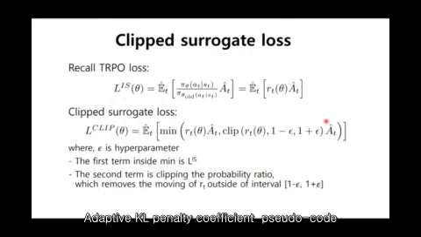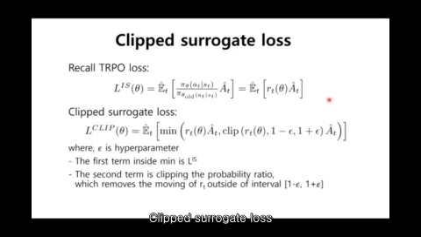Here I will talk about the clip surrogate loss. This loss is better than the adaptive KL penalty in the Atari benchmark. First, let me recall the TRPO loss, or the importance sampling loss. It is computed by taking the expectation of the probability ratio multiplied with the advantage estimator.